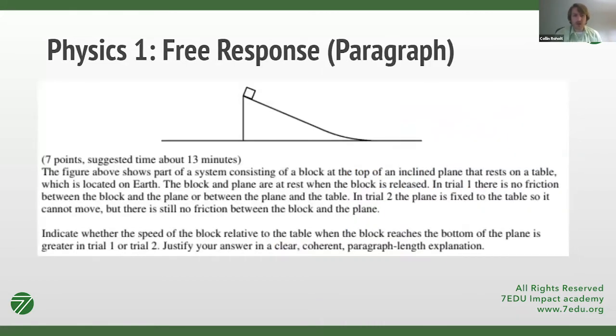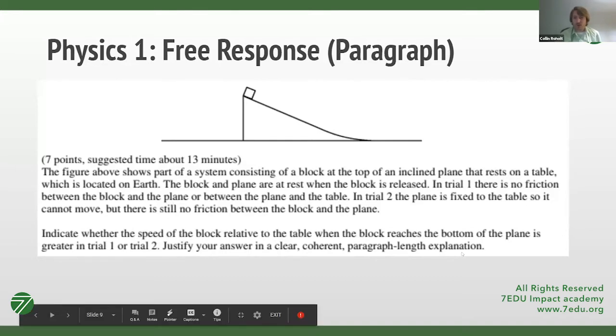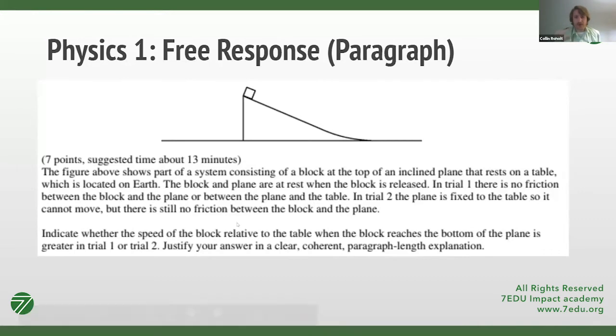All right, so this example shows the typical free response question for Physics 1. This is an example of a paragraph length response. This is one of the trickier ones that I've seen. For the paragraph length response in Physics 1 free response, typically they'll have one or two prompting questions that tell you what kind of answer they're looking for.